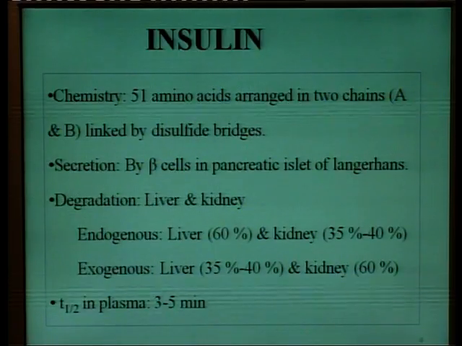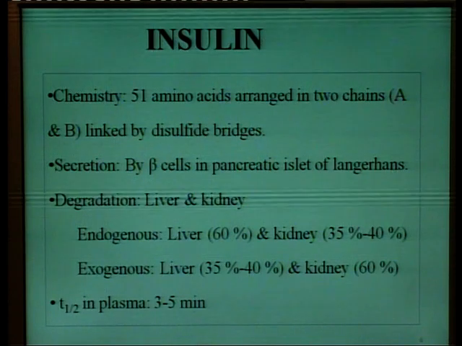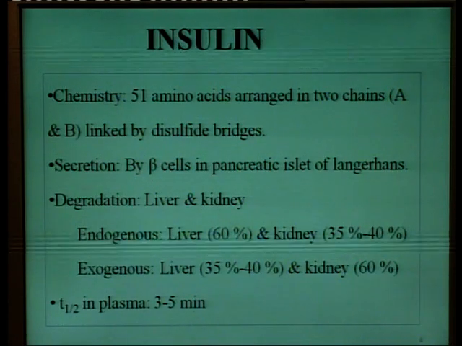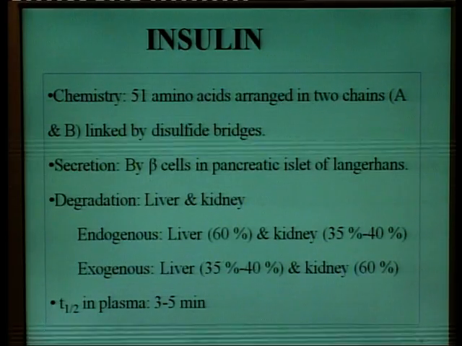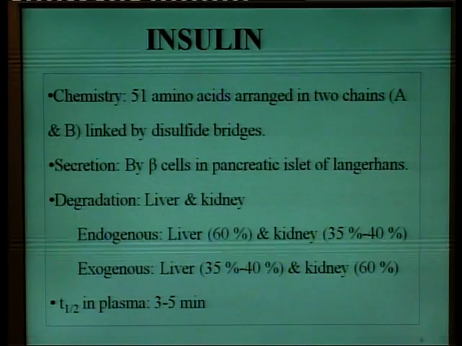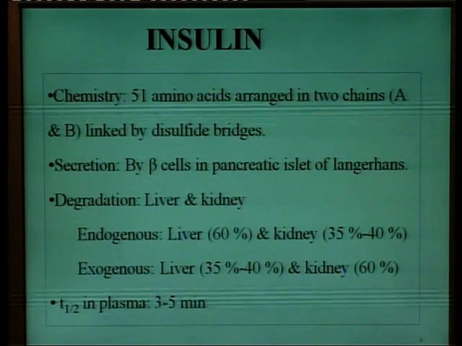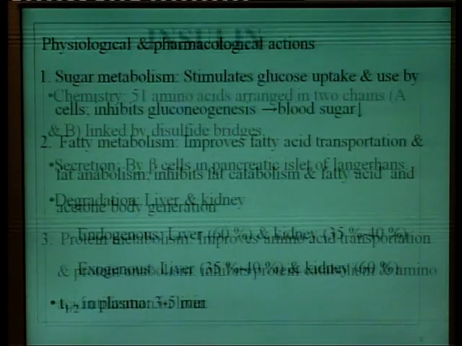Its endogenous degradation is 60% in liver and 35 to 40% in kidney. Exogenous: liver 35 to 40%, kidney 60%. Plasma half-life is just 3 to 5 minutes.